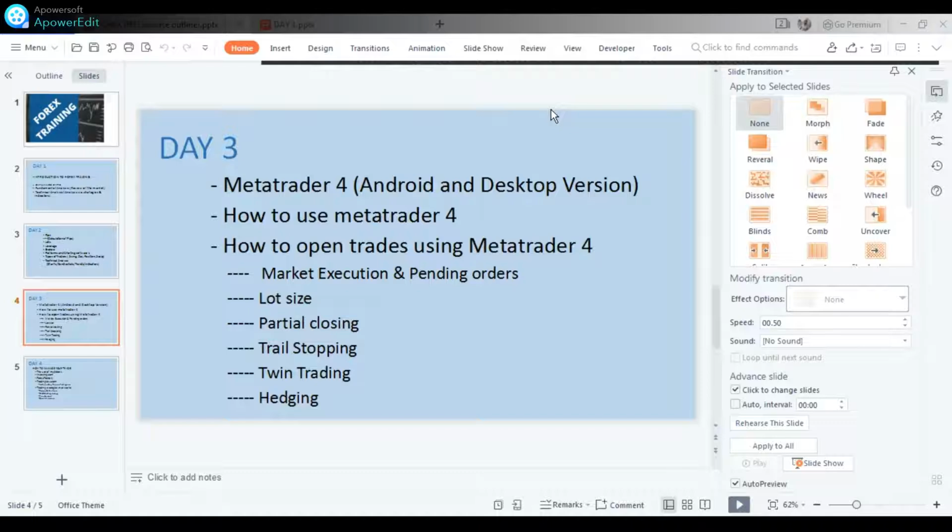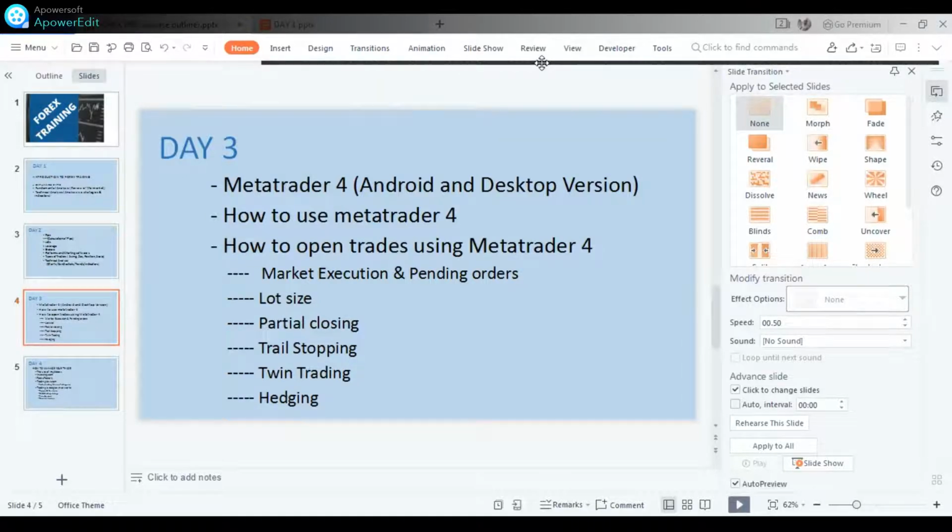We look into MetaTrader 4 Android version, lot size, partial closing, trade stopping, swing trading, hedging. Then, there's something I want to say about day three. Right from day three, trade management has started.